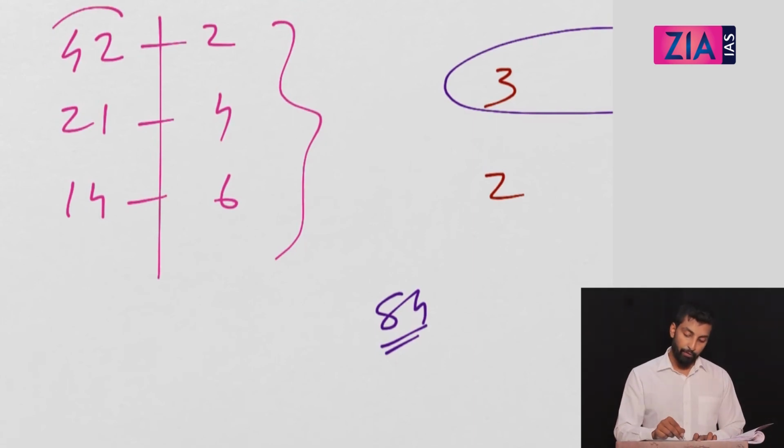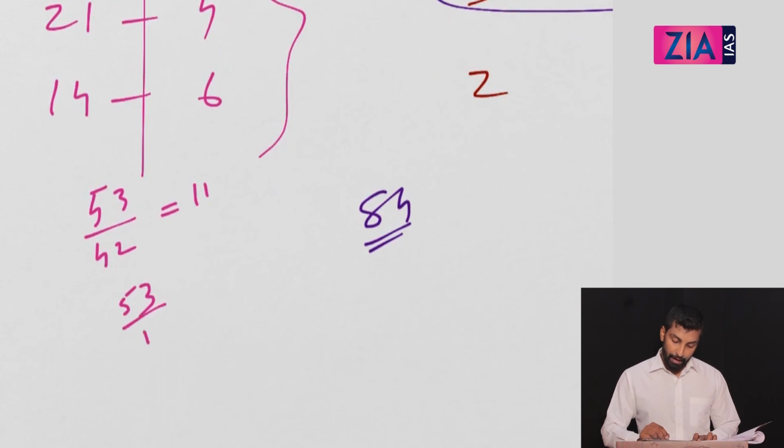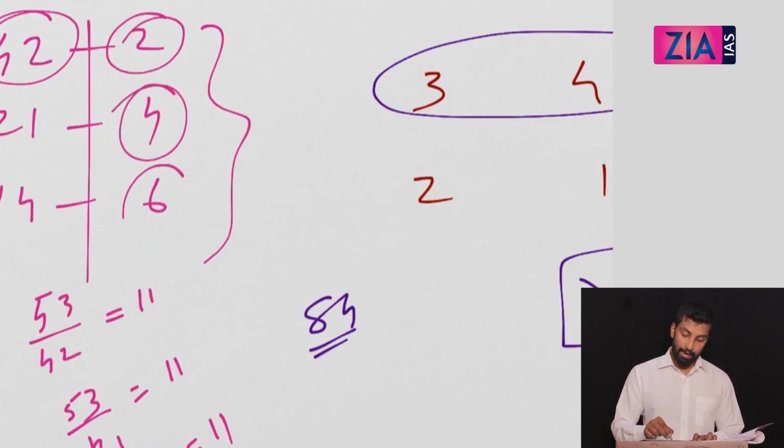So if it was divided by 42, what will you do? 53 divided by 42, you will write 11 as the answer. If it is 21, 53 divided by 21, you will write again 11. If it is 14, 53 divided by 14, again 11. Or similarly, you can do it with 2, 4 and 6.